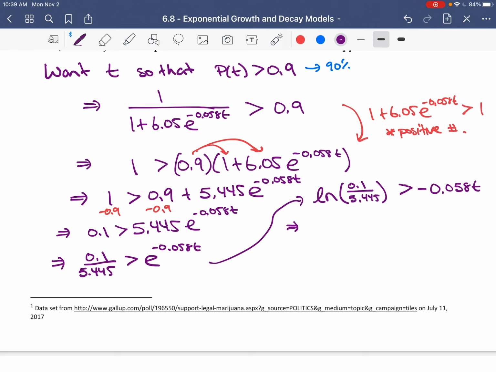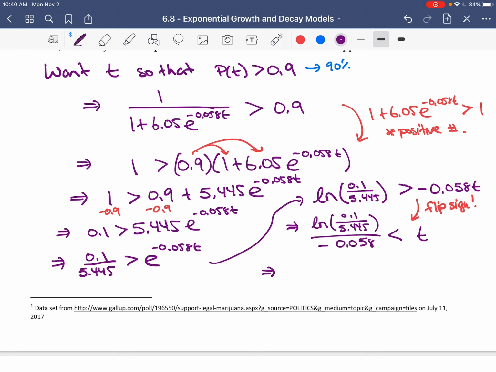And then I have to divide by the negative 0.058. So here I actually have to flip the sign because I divided by a negative. Okay, so I get t is bigger than this number.